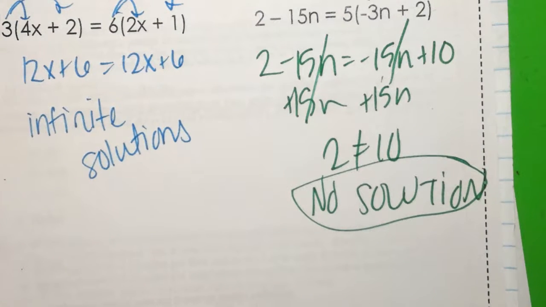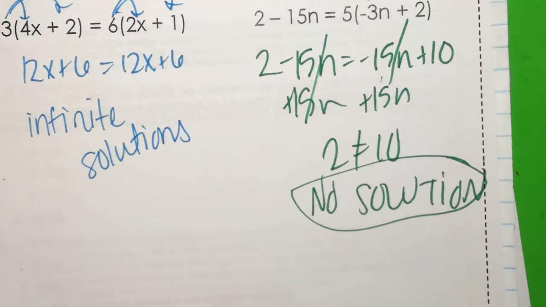Alright, so what we're going to do now is we are going to play tic-tac-toe. You're going to need a partner. If you're at a table with 5, so Connor, you're going to work with Alan. Mason, you're working with Connor.